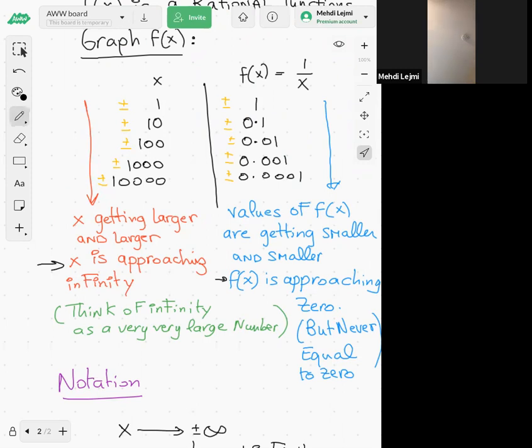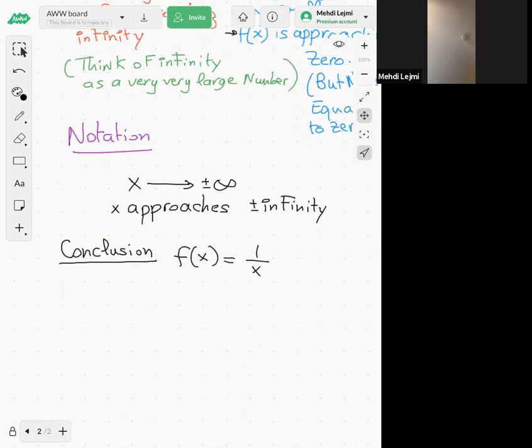So let me write it down for you here. The conclusion is that when x approaches positive infinity, f of x approaches 0.